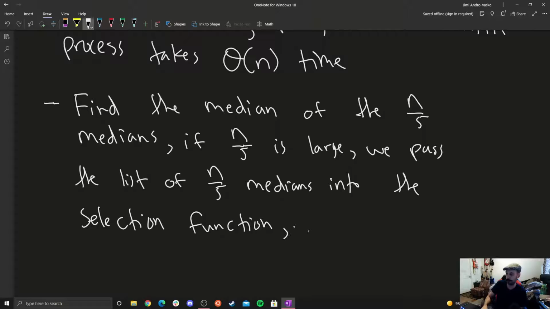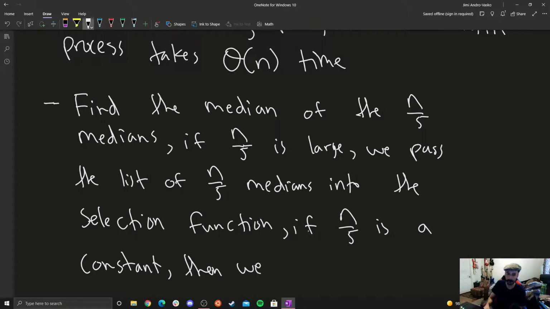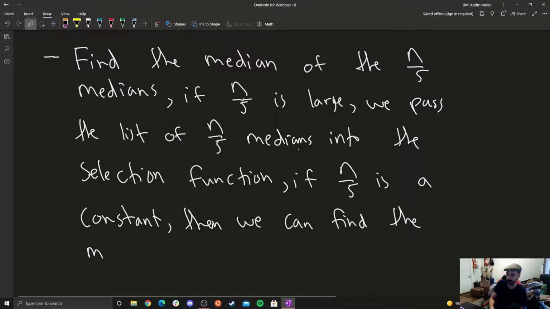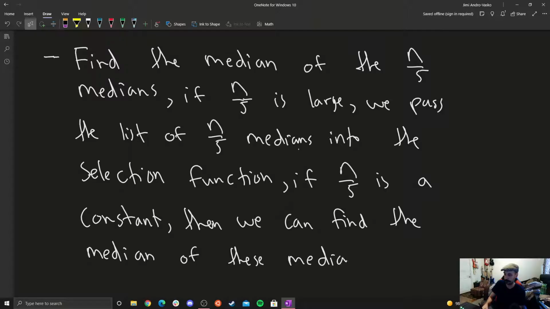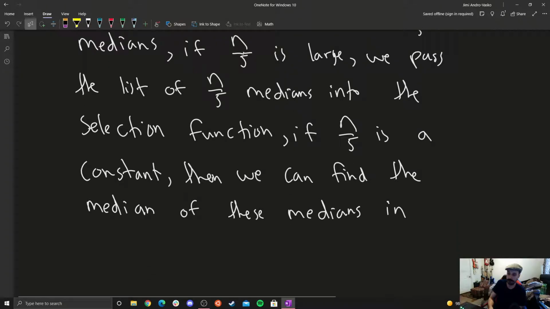So if n over 5 is a constant, then we can find the median of these medians in constant time. I'll just say O of 1 or theta of 1 time.